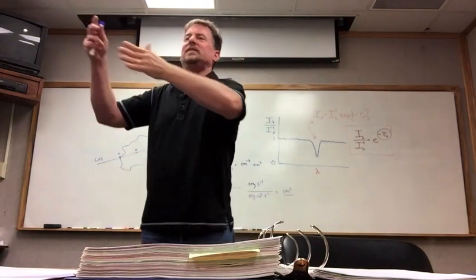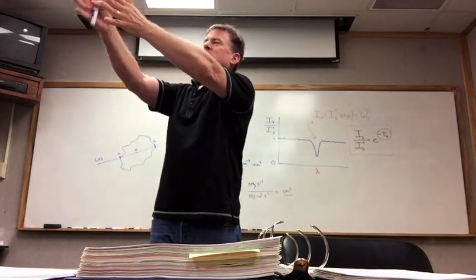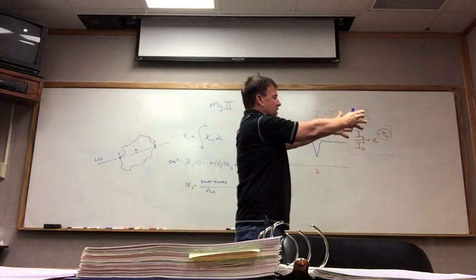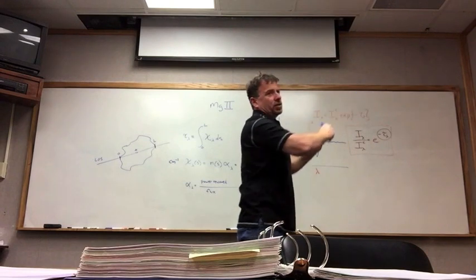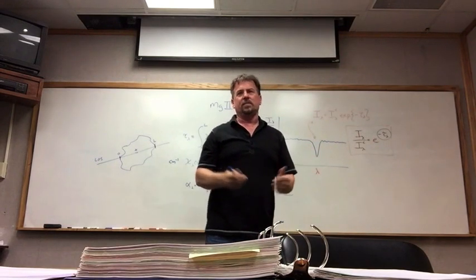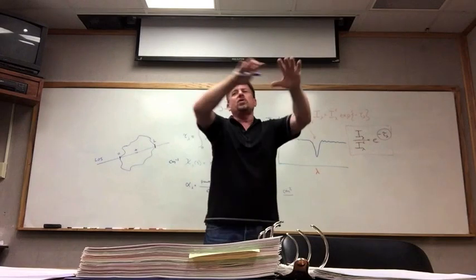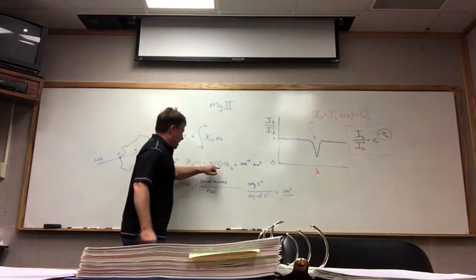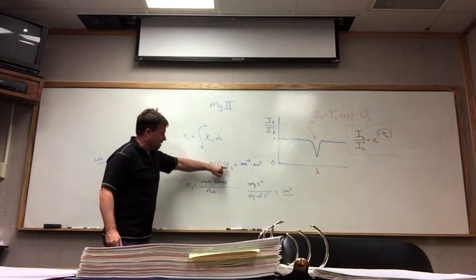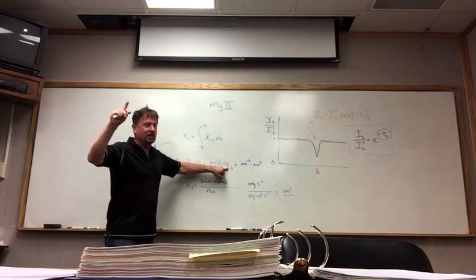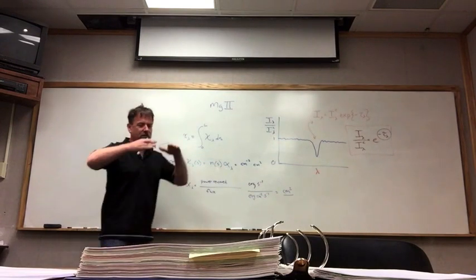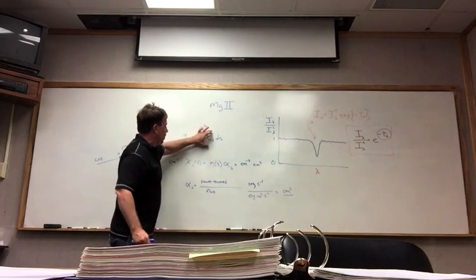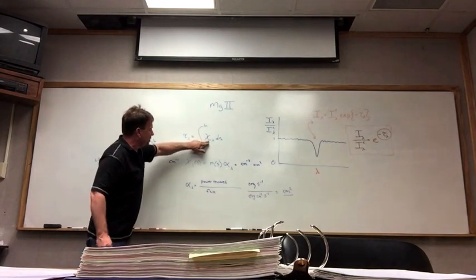Pick another line. Singly ionized calcium in the ground state. Pick another line. Twice ionized carbon with the electron excited a little bit. It's very, very specific. So all those absorption lines are coming from only one specific type of thing that has that density. That density times the cross section for that particular transition gives you the opacity, which is how rapidly the photons are removed from the path. Then you integrate over that per centimeter.